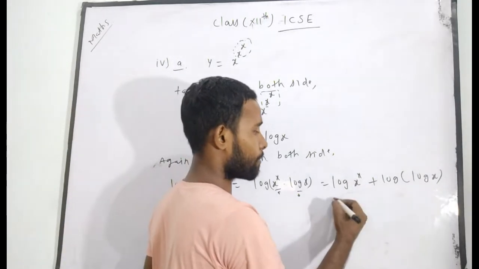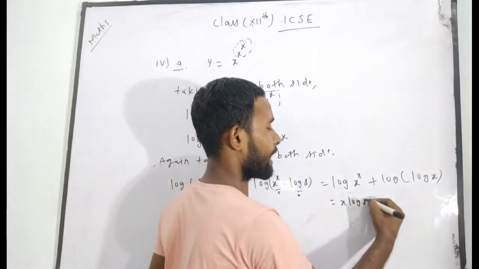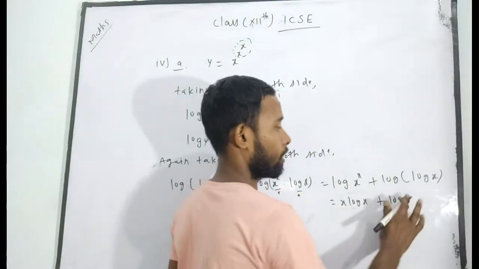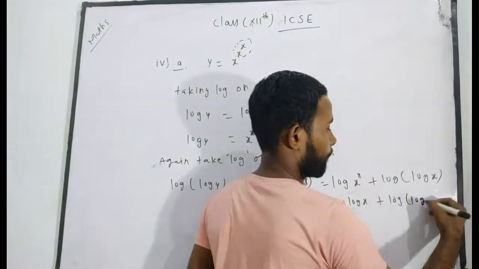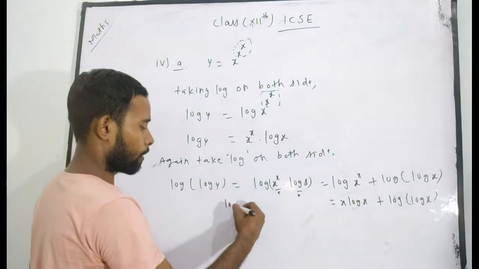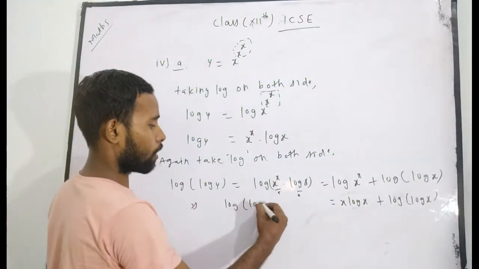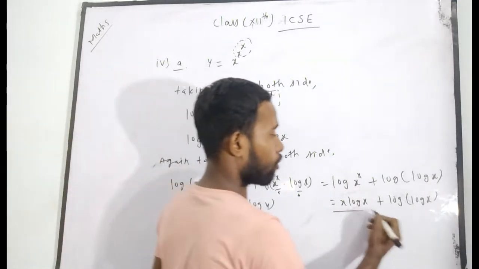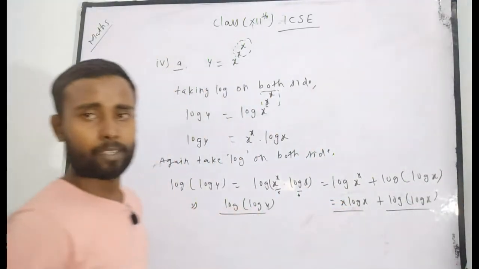Now this x comes here as a multiplication. That means you can write x times log x plus log x. This implies that log y is equal to x log x plus log x.